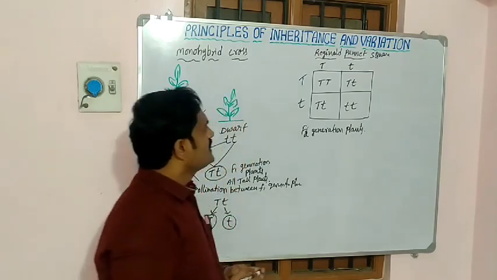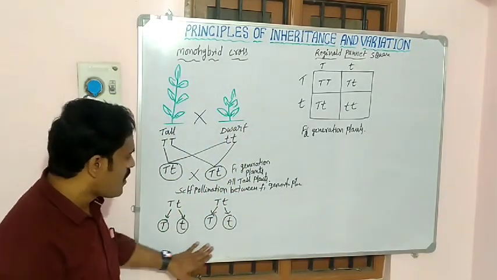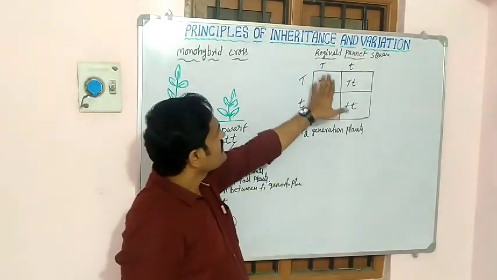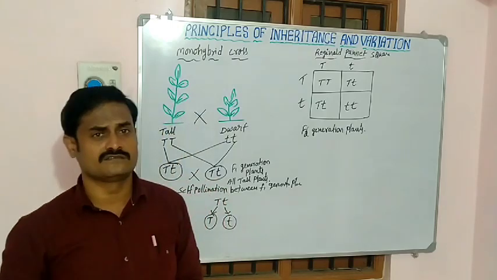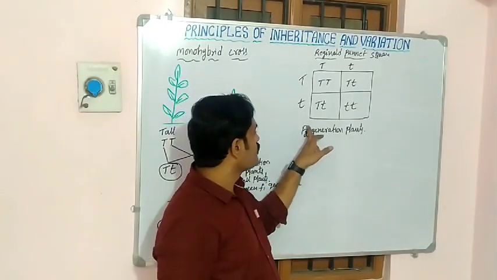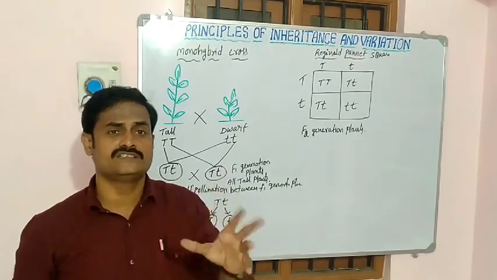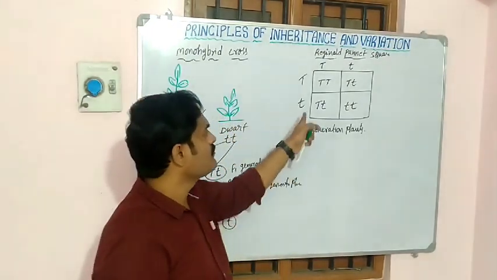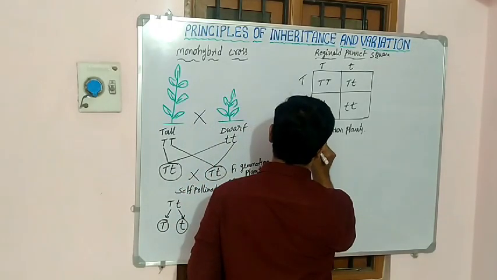In the F1 generation all plants are tall, remember. But in the F2 generation not all plants are tall. So here we are going to calculate the phenotypic ratio and genotypic ratio. What is the phenotypic ratio of the F2 generation?